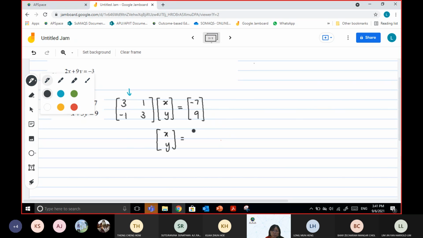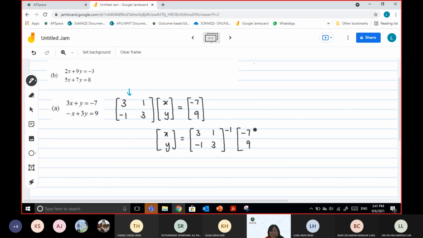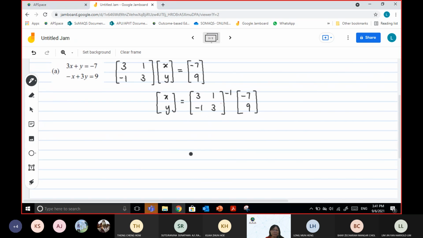Then we need to find the inverse of the matrix, the inverse of 3, 1, -1, and 3, and multiply it with -7 and 9. That's how we solve for x and y. So we need to find the inverse of the matrix.